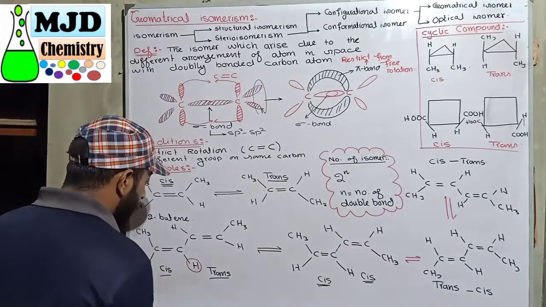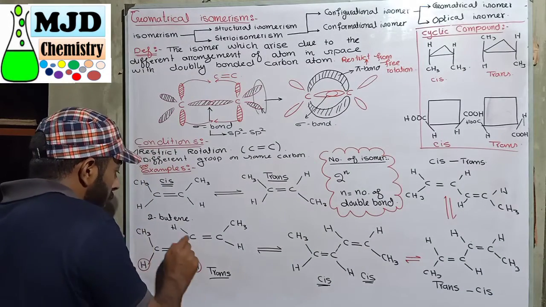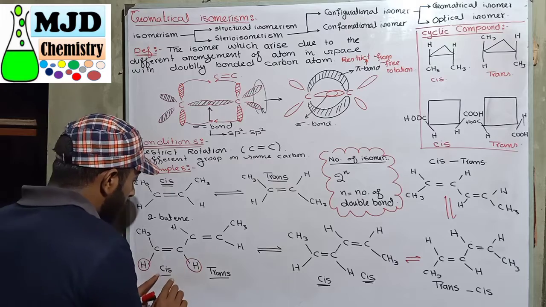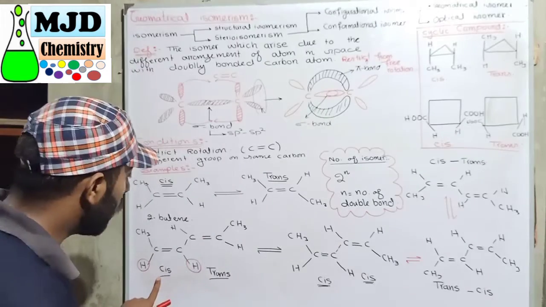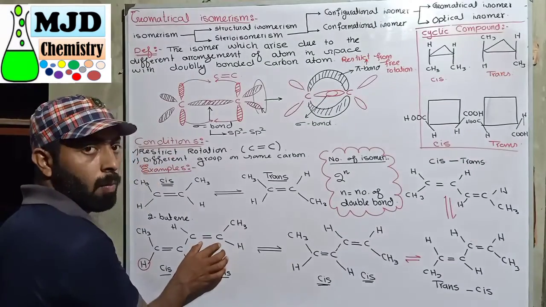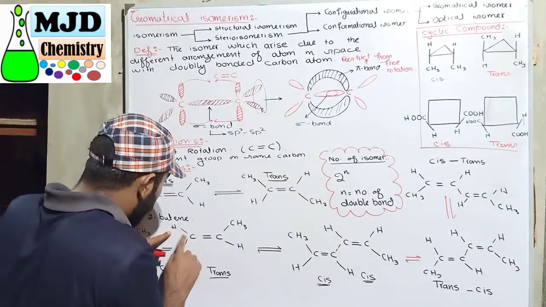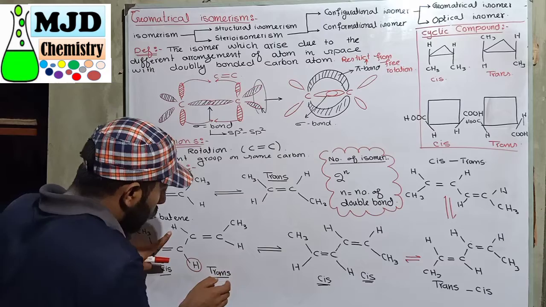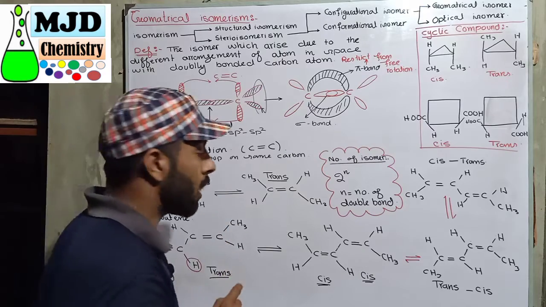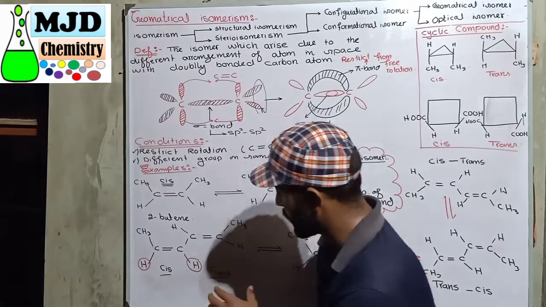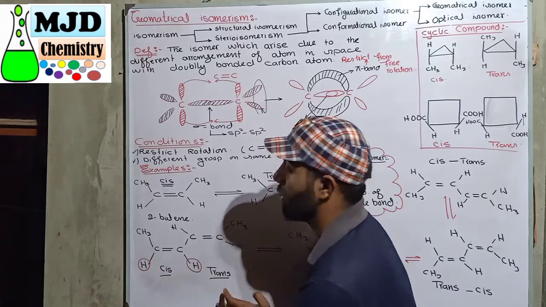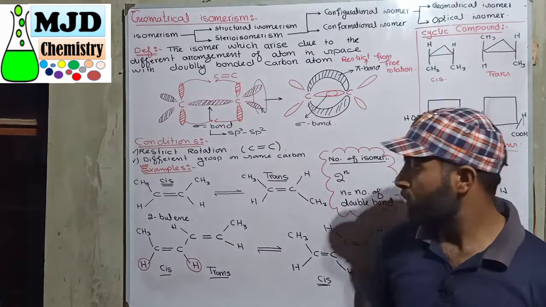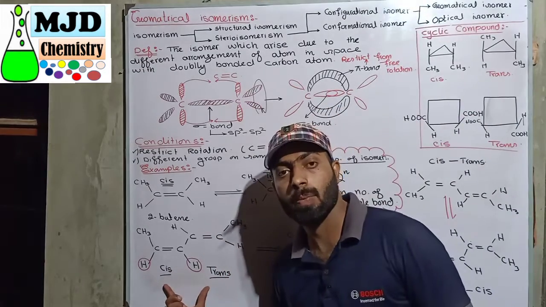Then we say that in this region there is a cis isomer. When we look at the second double bond, the same functional group is present on the opposite side. Then we say that this is a trans isomer, and that's why we say this molecule is cis-trans.